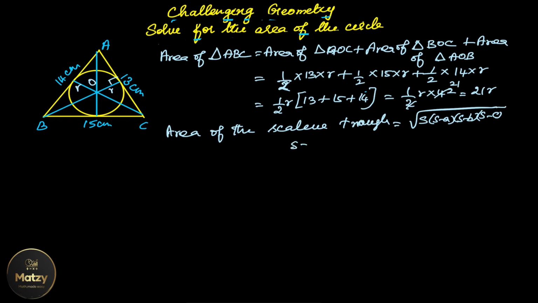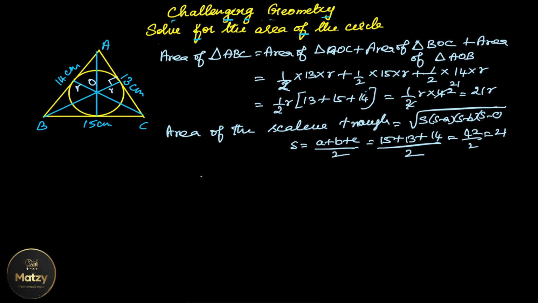What is the S value? Semi-perimeter, A plus B plus C over 2. What is A? A is 15. B is 13. C is 14, by 2. That is 13 plus 28, 42 by 2. That is 21.